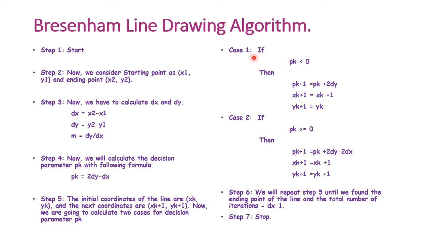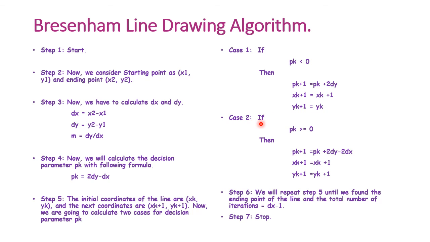Case 1, if pk is less than 0, then we calculate the next decision parameter using this equation, that is pk plus 1 is equal to pk plus 2 dy, and calculate the next xk plus 1 and yk plus 1 values, that is xk plus 1 is equal to xk plus 1, meaning here we are incrementing the x value, and for yk plus 1 the y value remains as it is, that is yk.